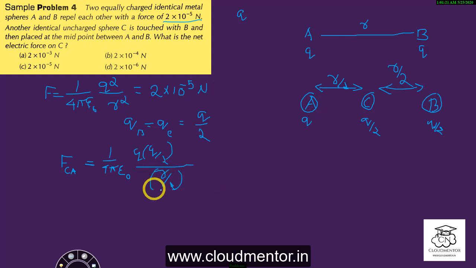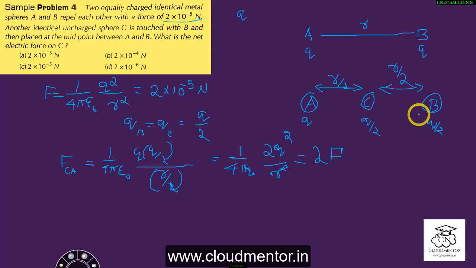So we get r square by 4, and by cancelling we get 1 by 4 pi epsilon 0 multiplied by 2 q square by r square, that is equal to 2 times the initial force, that is 2F.